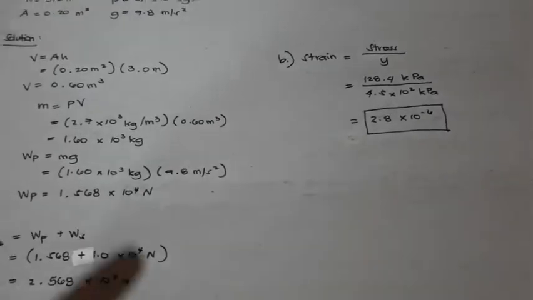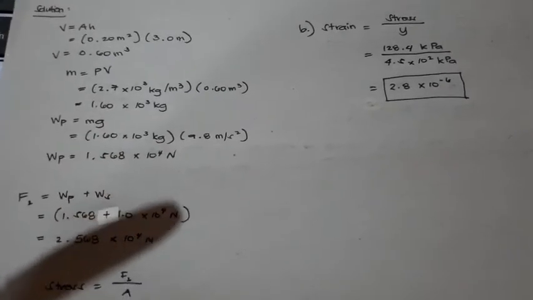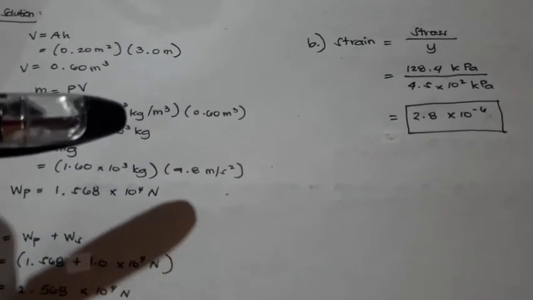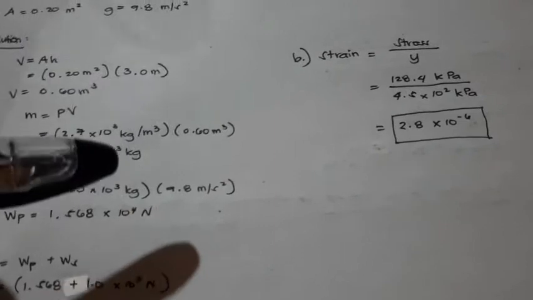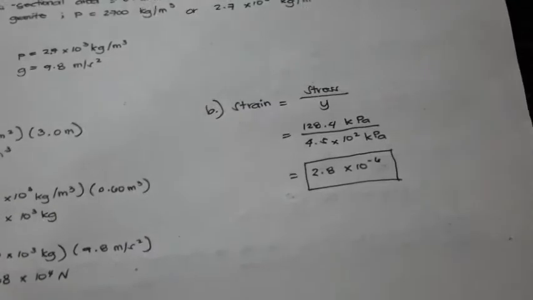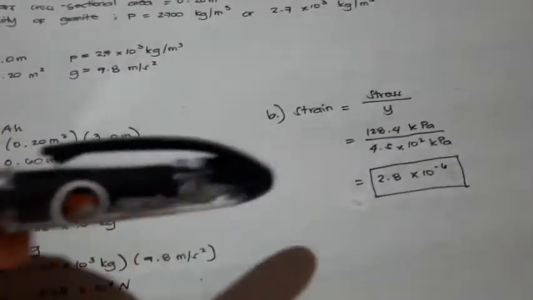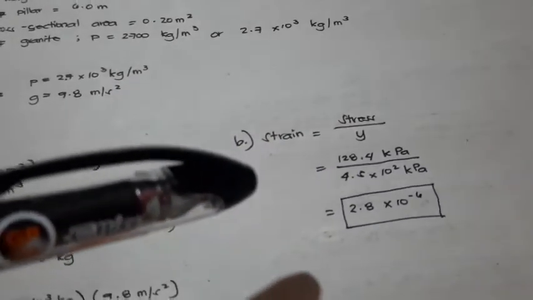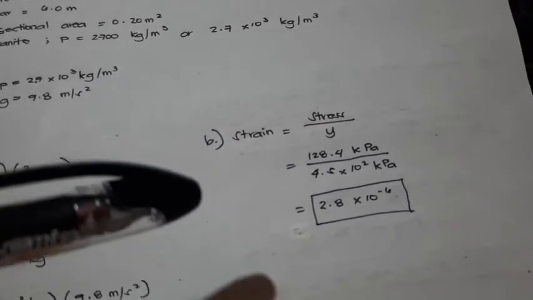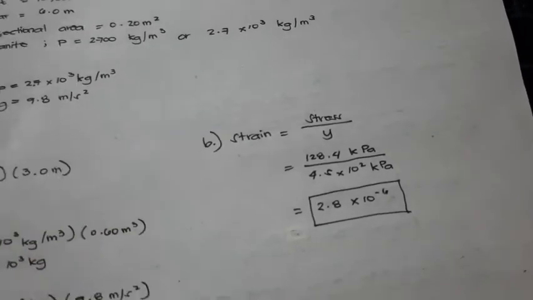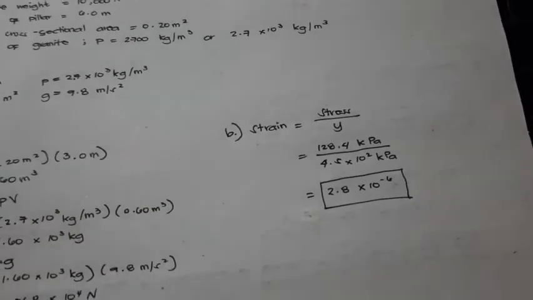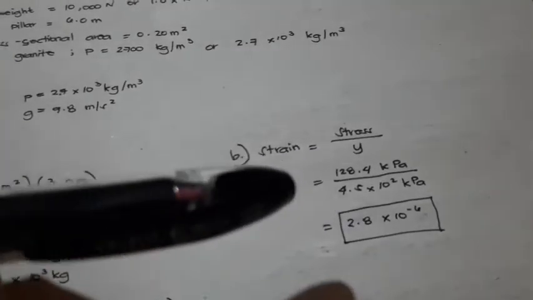So dito sa B. After getting the value of compressive stress, pangitaon na pud nato ang compressive strain, in which the formula is stress over Y. So ang Y is the modulus of granite, which is 4.5 times 10 squared K pascal.